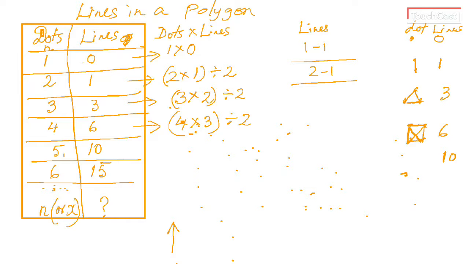If you have 6, that'll be 15, and so on. So our point of wondering is what is going to happen if there are innumerable, infinite number of lines, which for some of the students is almost impossible to imagine.